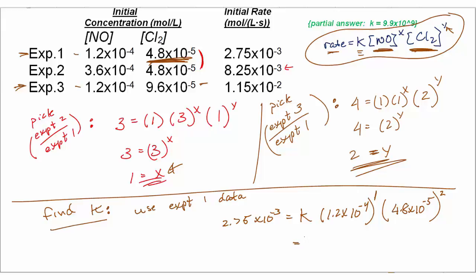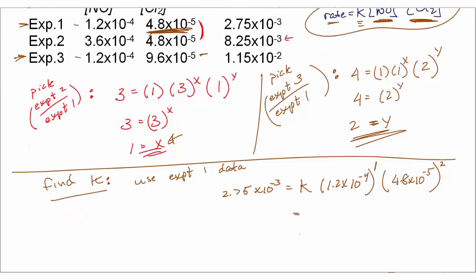And I get about, oh my goodness, a big number. What do I get for my k? I get 9.9 times 10 to the 9th. Huge number. Okay, so we can write our final answer then.